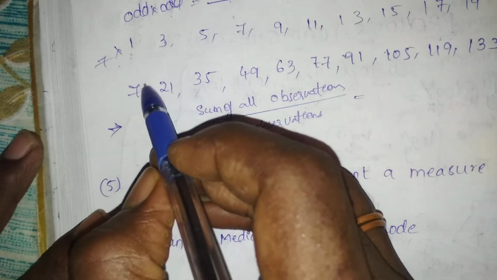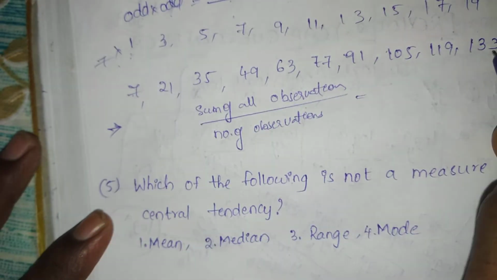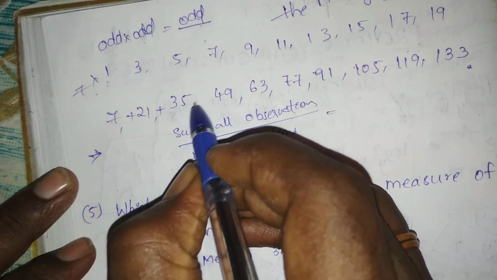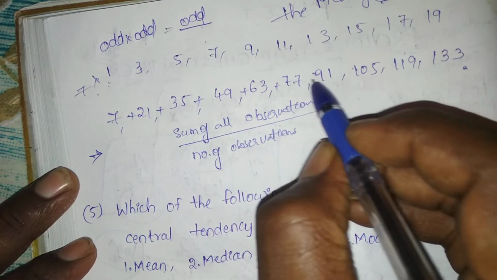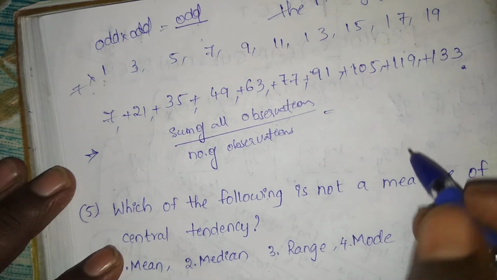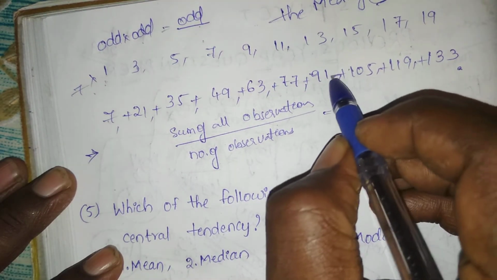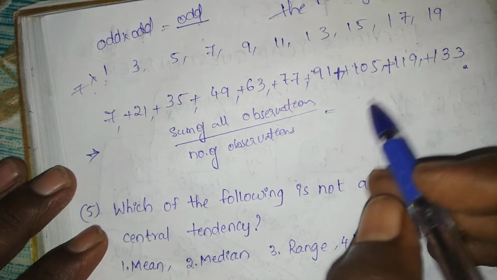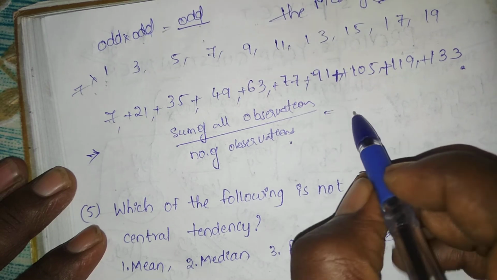We have to add all the terms of the 7 multiples, then divide by the number of observations.